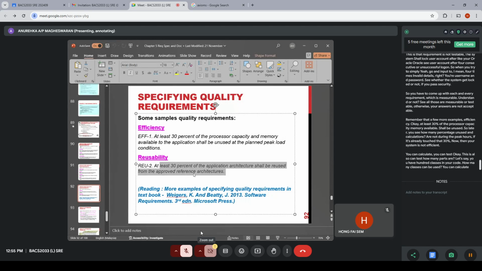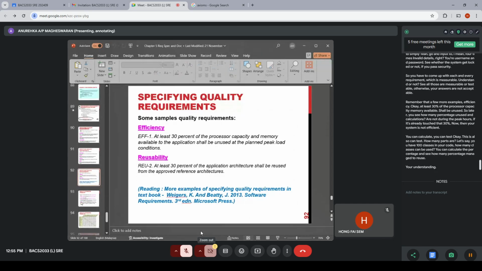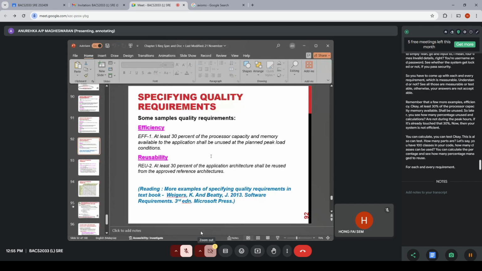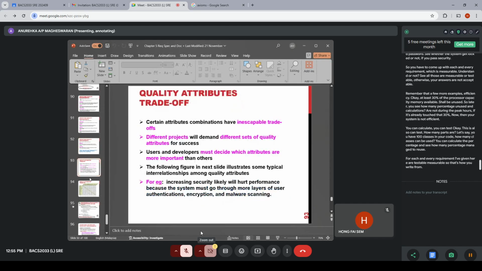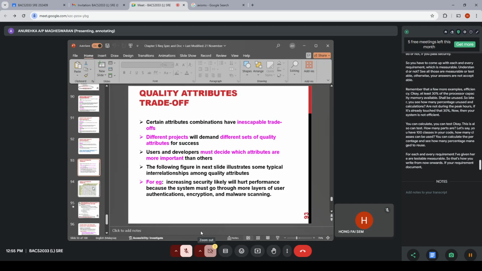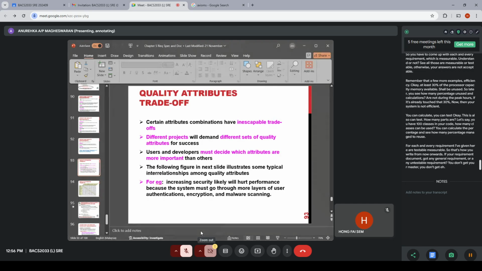You calculate the percentage and see how much managed to be reused. Each and every requirement I've given here is testable and measurable. So that's how you write from now onwards. If your requirement document has any general or untestable requirement, you don't get your marks. You don't get an A, you get very minimum marks.